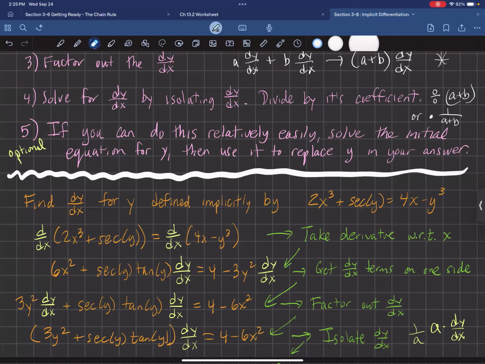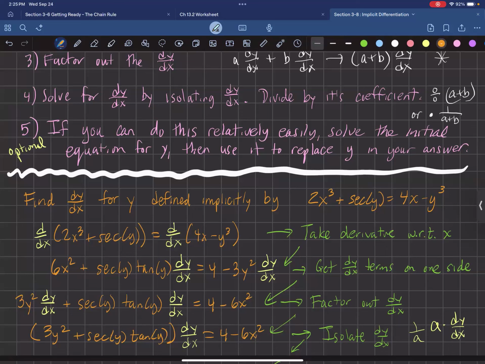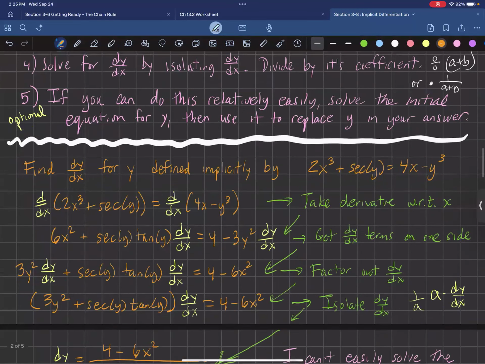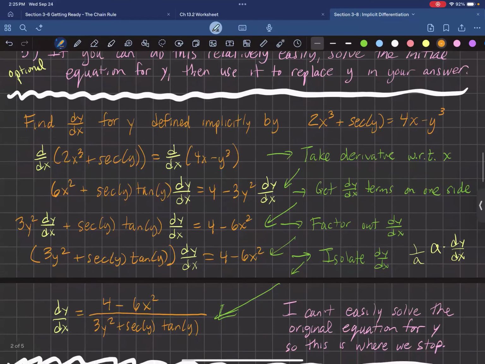This looks funny. I'm going to change the way that looks. There we go. We're going to isolate dy dx, divide by 3y squared plus secant y tangent y on both sides, and that's what we get. Since we could not easily solve for y, we're not going to do so. This will be our final answer for dy dx.